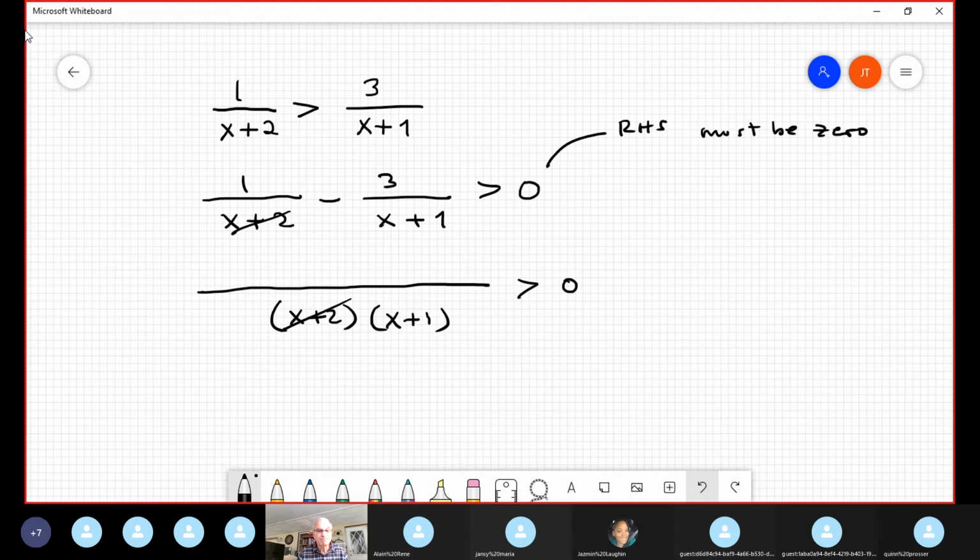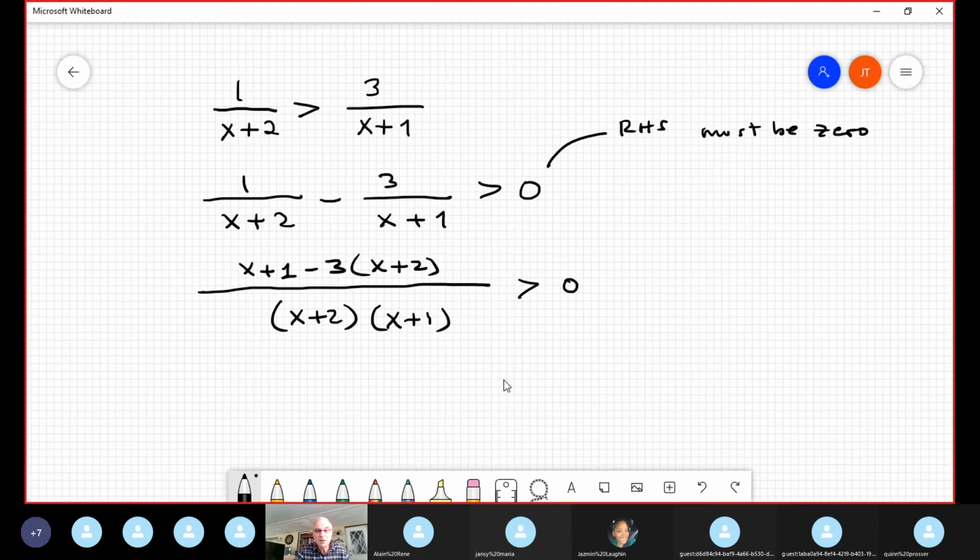You divide, and only x plus 1 times 1 stays, which is x plus 1. Minus 3 times x plus 2. I suppose that you understand this algebra because it's elementary, right? Yes or no? Do you understand this algebra?